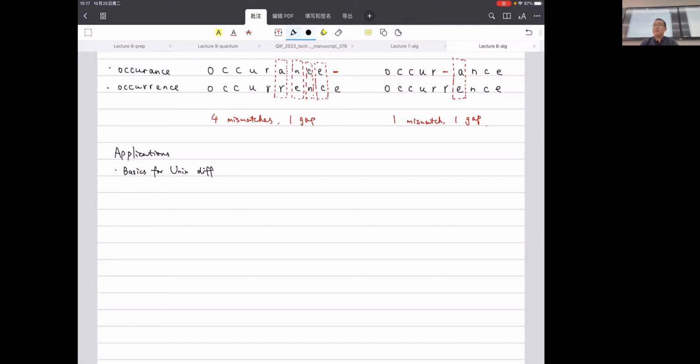Maybe some of you are already working on research papers, and typically when you want to revise a paper, you want to use the diff command. In an Apple laptop or a Linux system, you can use the diff command to compare your current version of your manuscript with earlier versions. So basically the diff function is based on sequence alignment.